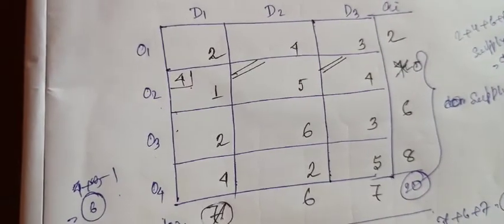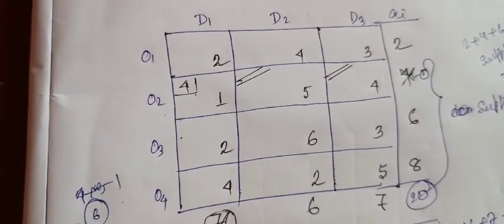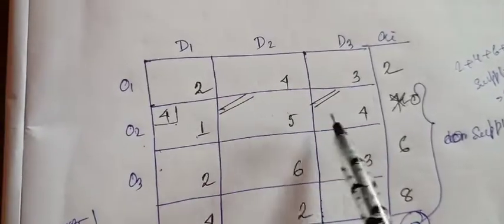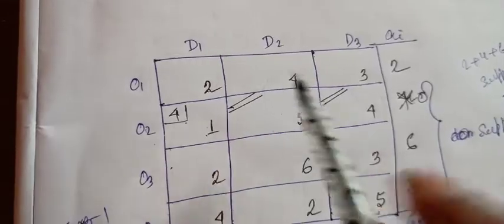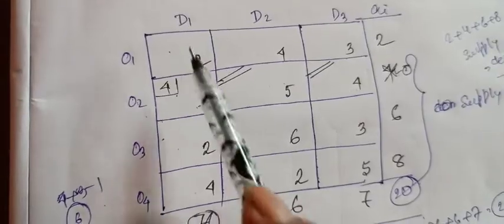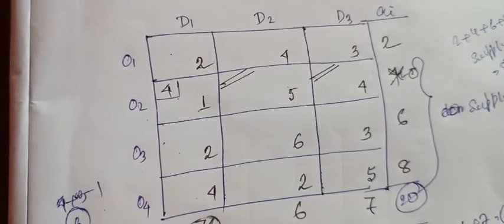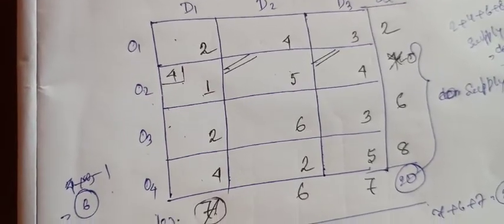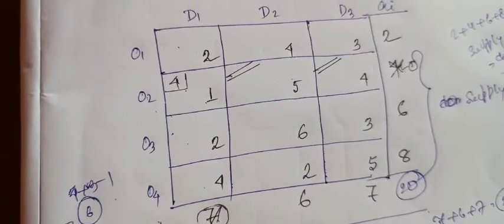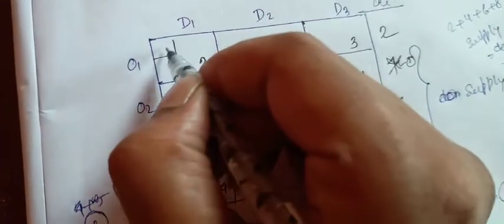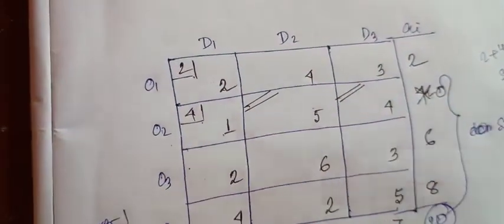Next we have to find the next minimum. This cell is allocated and the row is exhausted, so we choose among the first, third and fourth rows. Which is minimum? 2 is minimum and it is located at several points, so we can choose arbitrarily. I choose the 2 in the first row.